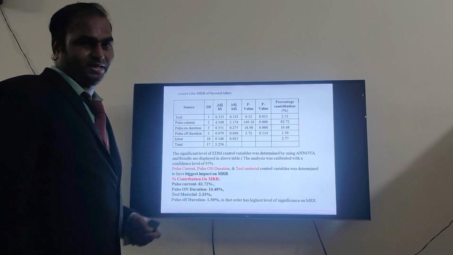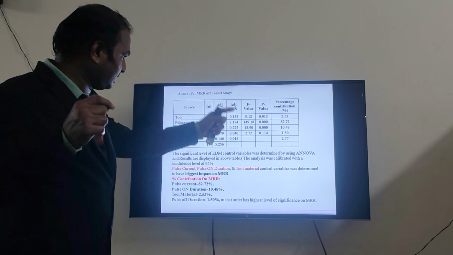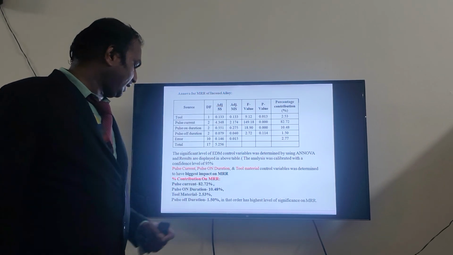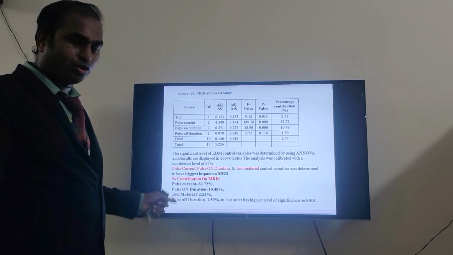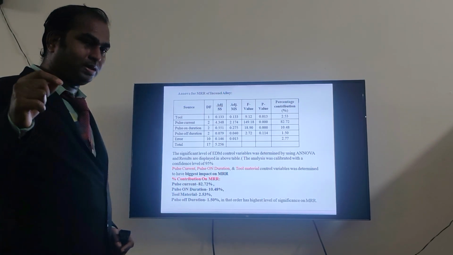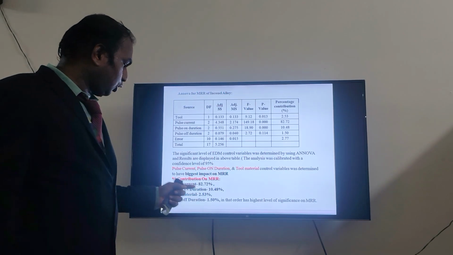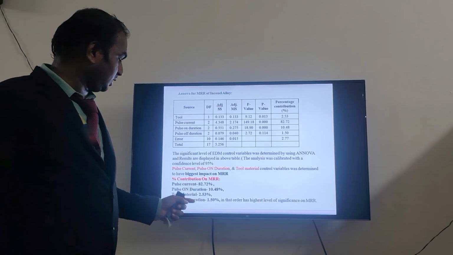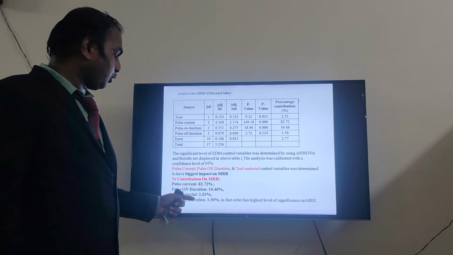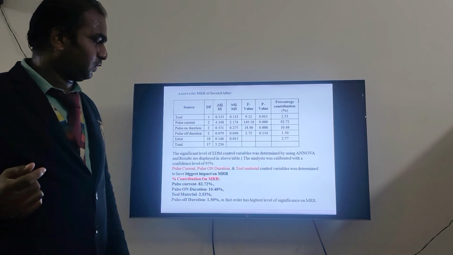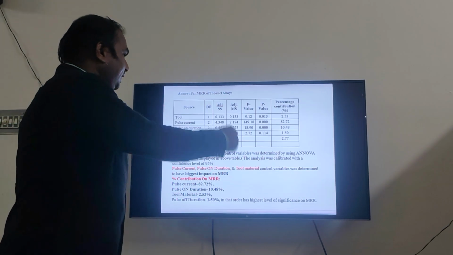The contributions on MRR are: pulse current 82.72%, pulse on duration 10.48%, tool material 2.53% and pulse off duration 1.51%. This indicates the high level of significance of these factors on MRR.